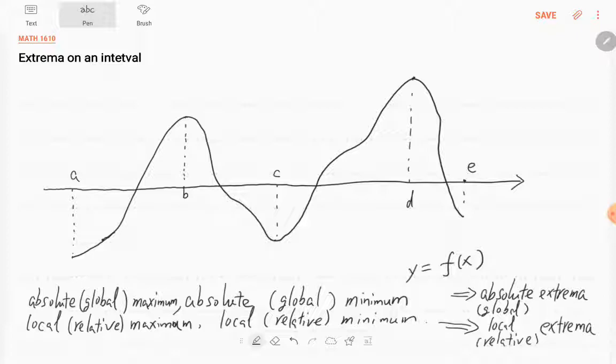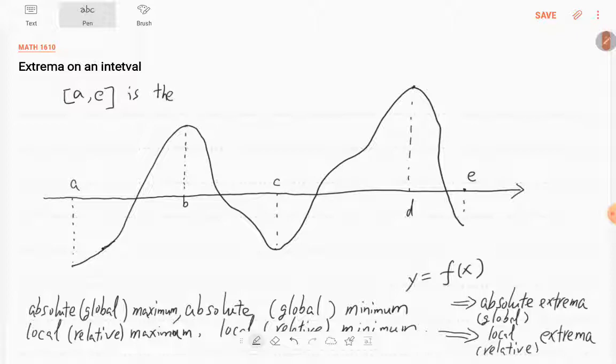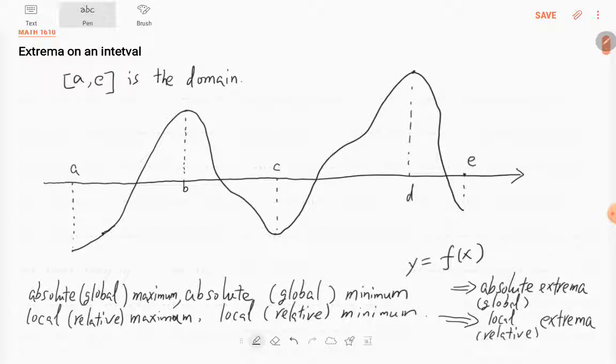Okay, so now we use this graph to help you review these definitions. This is the graph of the function y equals f of x, and the domain is from a to e. From this graph, this is the highest point on the domain from a to e.